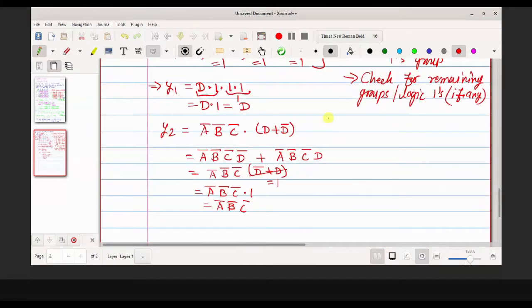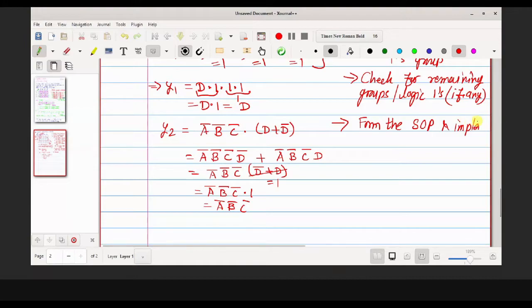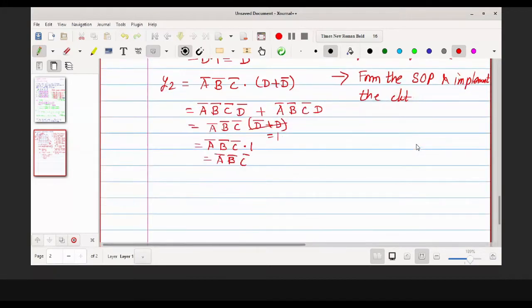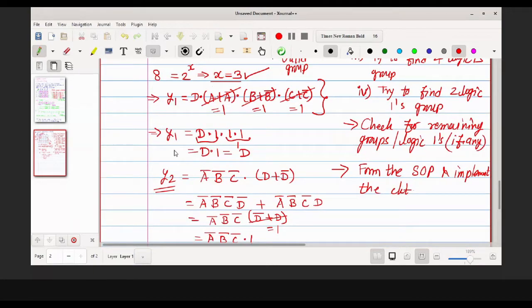Then the next step is to form the SOP and implement the circuit. So how will my SOP be? Because this is a sum of products, Y2 is one of the product terms, and Y1 is also one of the product terms.